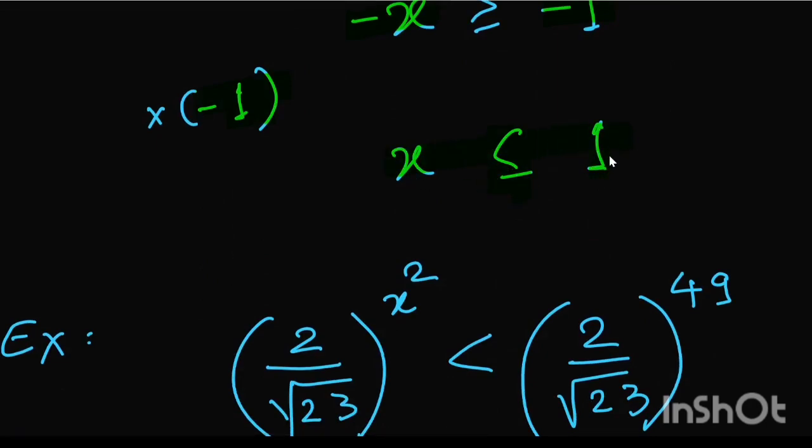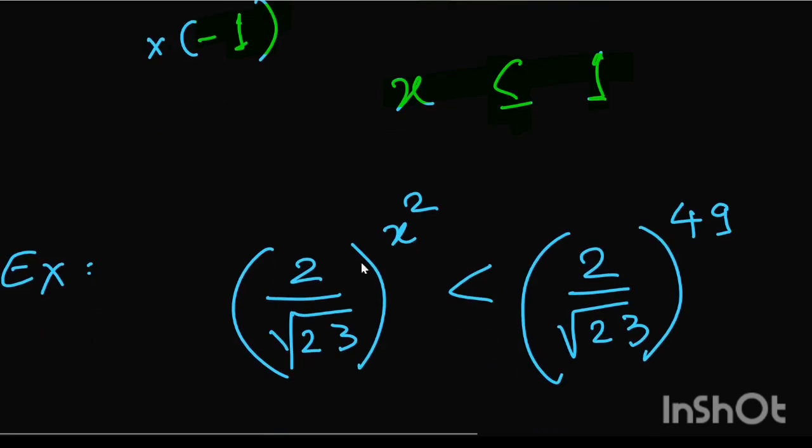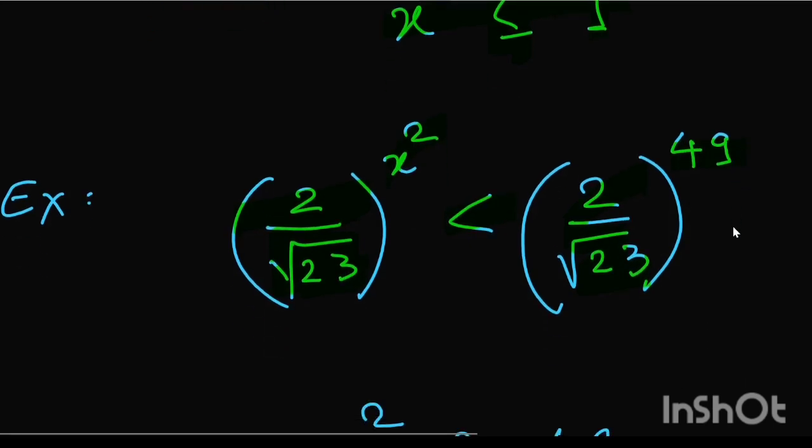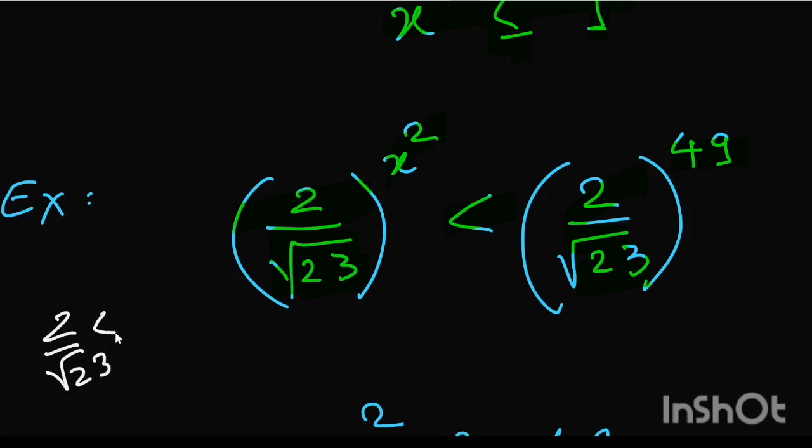Now let's take another example, guys: (2 by root 3) to the power x square is less than 49. As you can see here, is 2 by root 3 greater than 1 or less than 1? Yes, it is between 0 and 1.